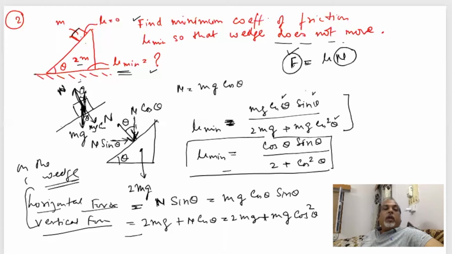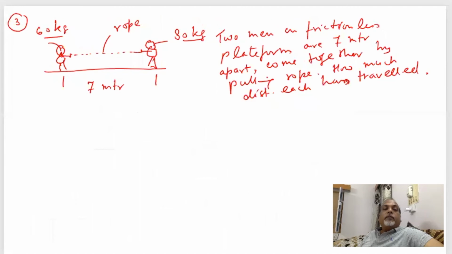Now we will go to the next question. Next question is like this. Here two persons are there. They are standing on a frictionless surface, or you can say they are skaters. Now they want to come to each other.